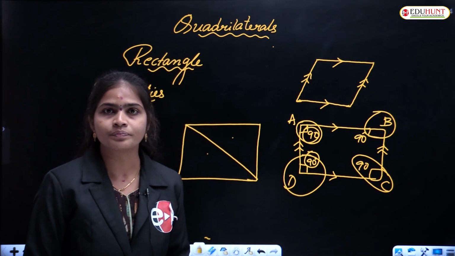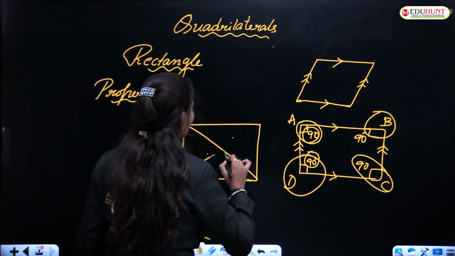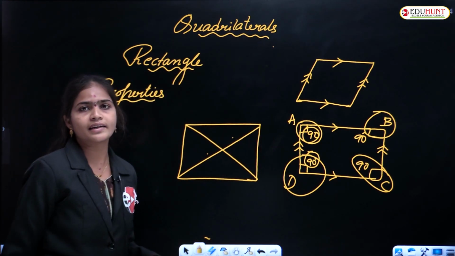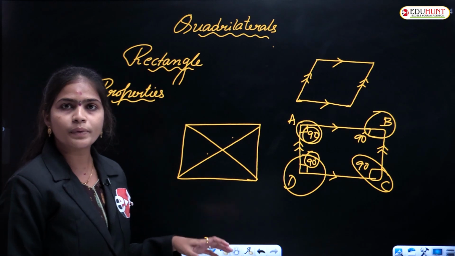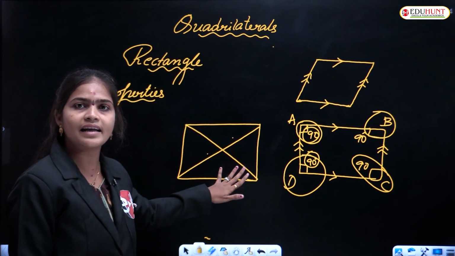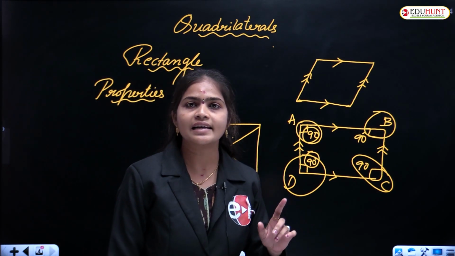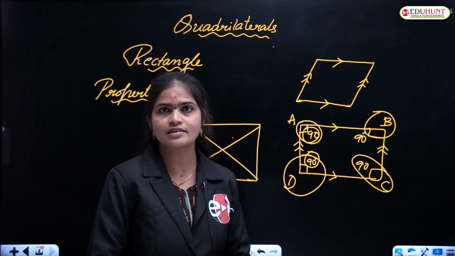Is it clear, children? And we know that here there are how many diagonals? Two diagonals are there. So whatever properties we discussed in the parallelogram, all those properties are there in the rectangle also, no?